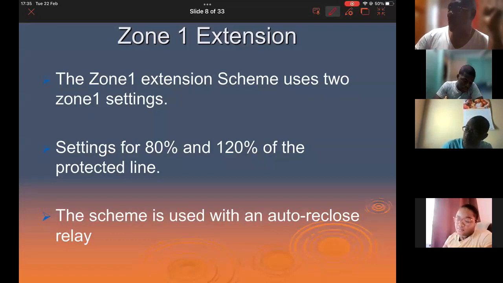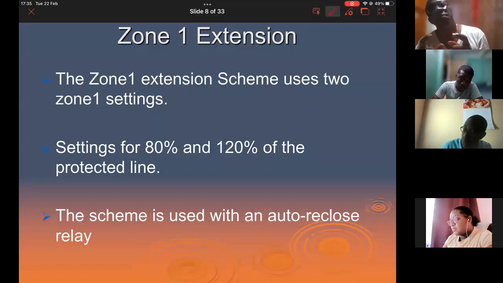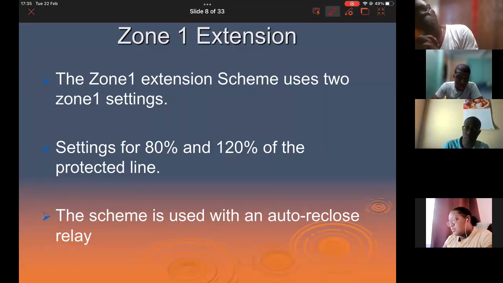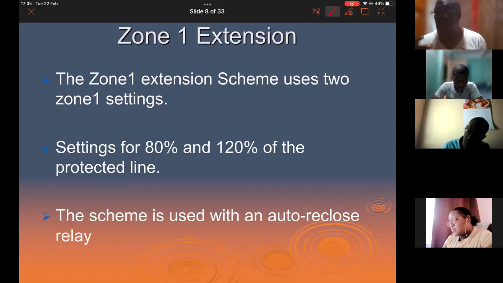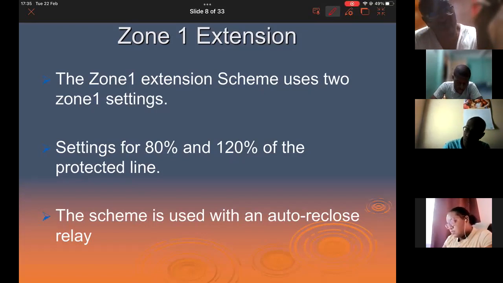Because to achieve the goal that I have just set, which is how do I ensure that both ends operate quickly, we require communication between the two ends. Right? So there has to be signaling, there has to be communication between the ends. Whether it is that when the fault occurs at G or at H, as a zone 1, it tells zone 2 that I have operated.